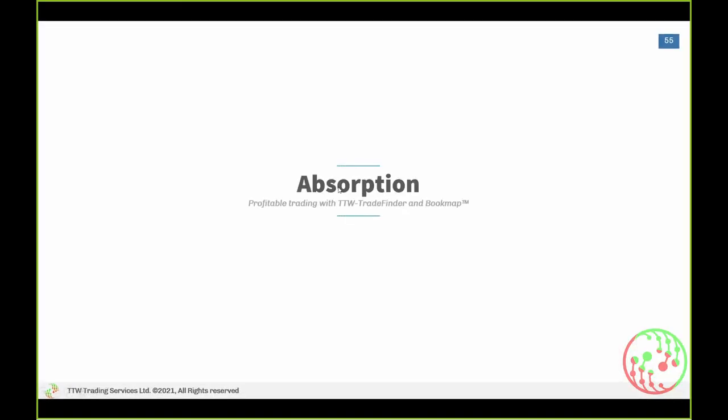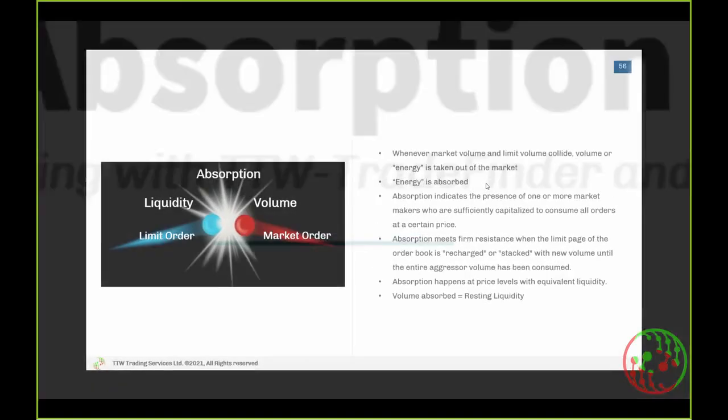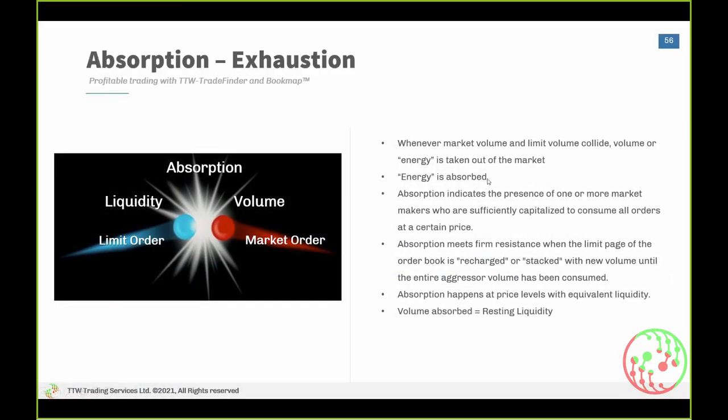I will jump up. Absorption. I don't want to talk about absorption very long here. Absorption happens all the time when liquidity, so market order, meets or collides with limit orders.